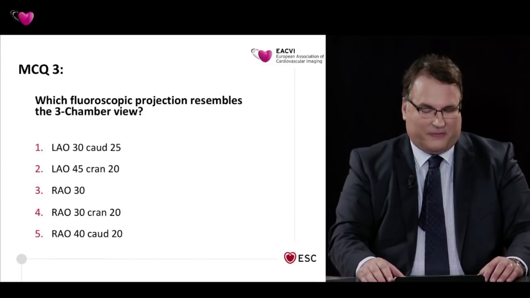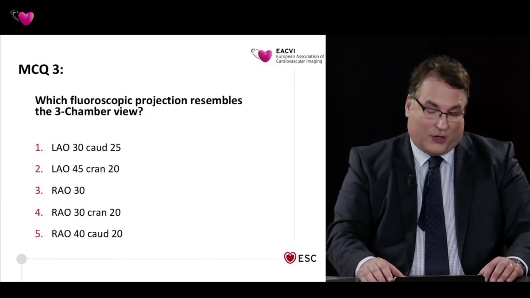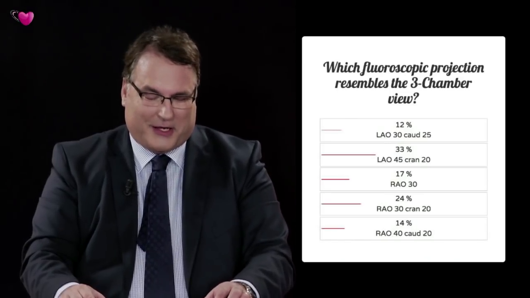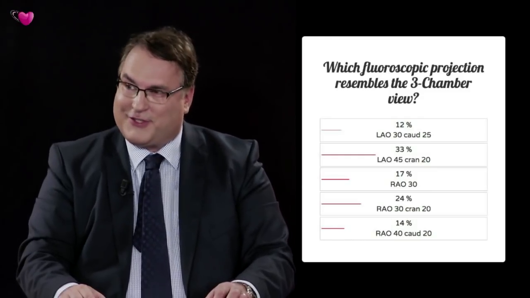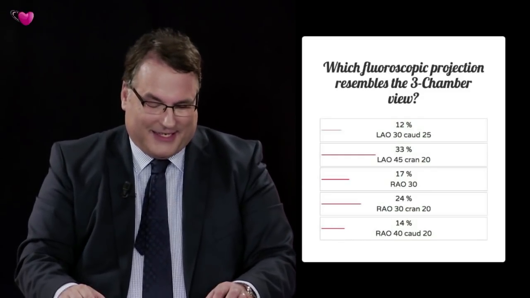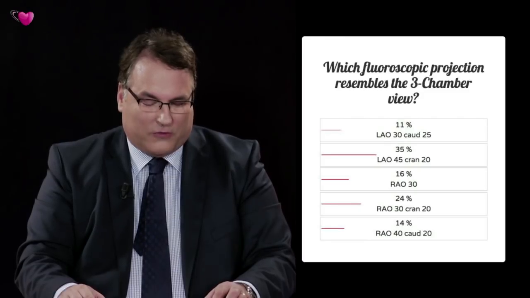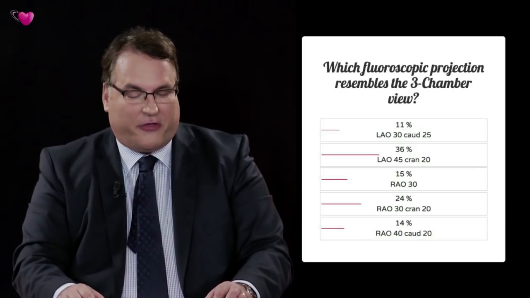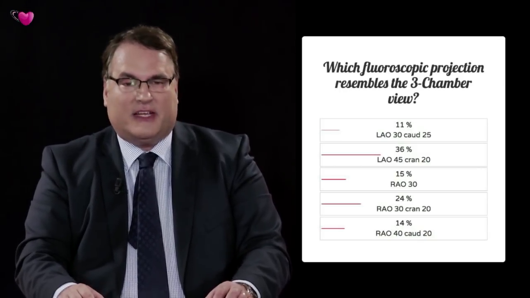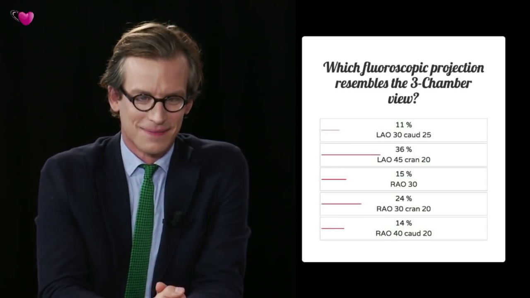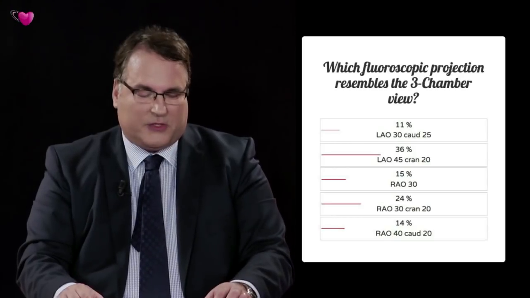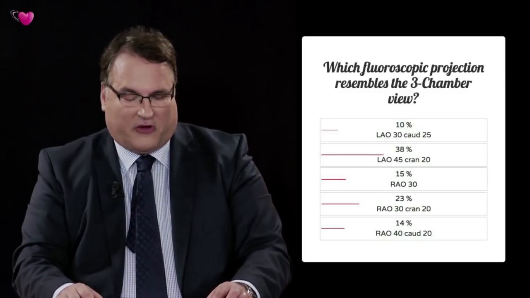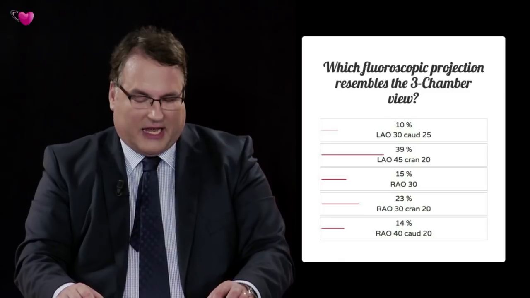So the poll is over. And it is also quite an interesting result, actually. So I think there is a learning objective also on this topic. The viewers are well aware that the RAO 30 projection may not be the total answer, which is already pretty interesting, because this is normally used in LV angios, and only 15% of our viewers believe that this is the correct angulation.